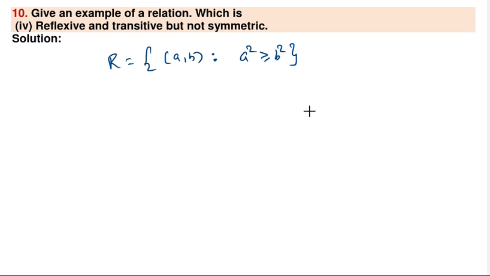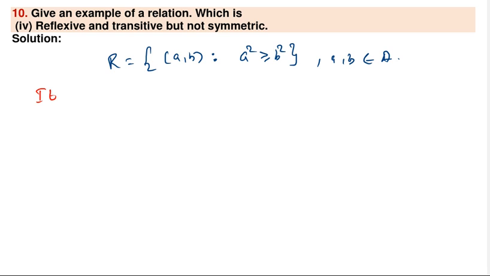Very rare relation, so we have to remember. All of a sudden, we cannot coin all this. By practice only, we can show this kind of example. Listen. So based on this, (a,b) belongs to any set. The set is not mentioned here. Any set A.